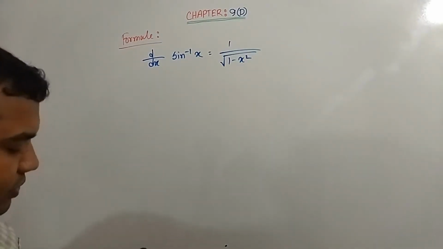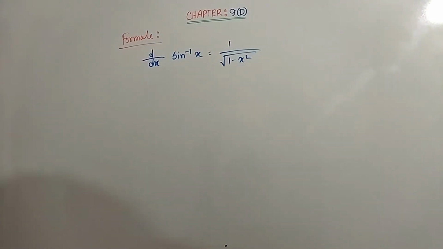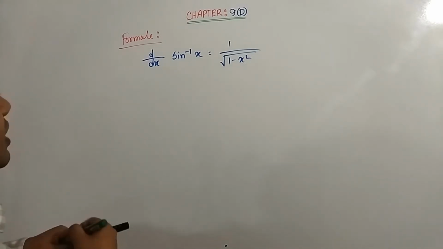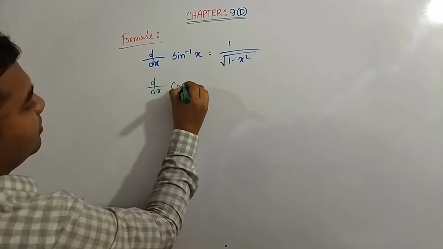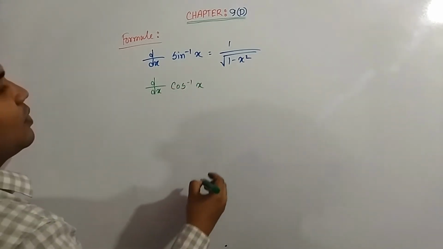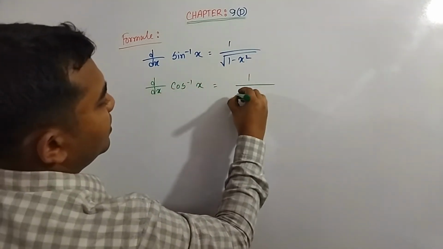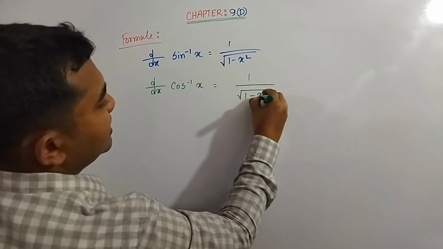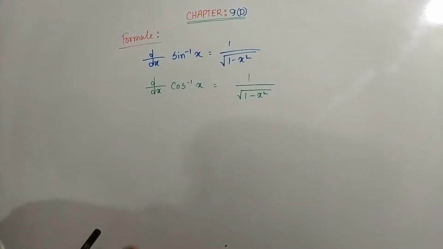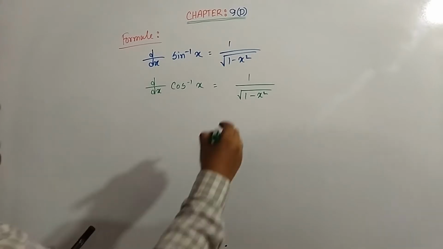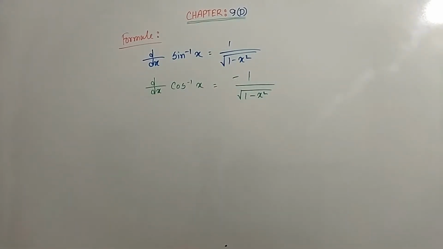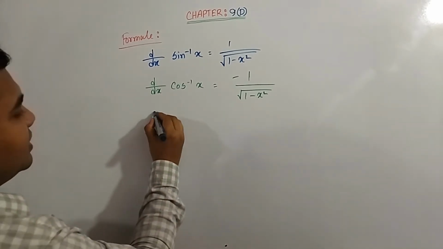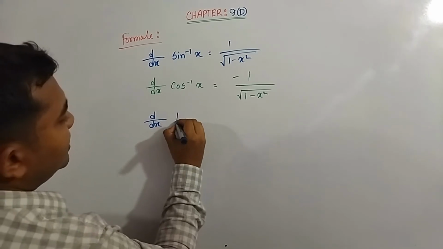And what about cos inverse x? d/dx of cos inverse x is the same, 1 by root over 1 minus x square, but we use a subtraction here, a minus sign. Clear?